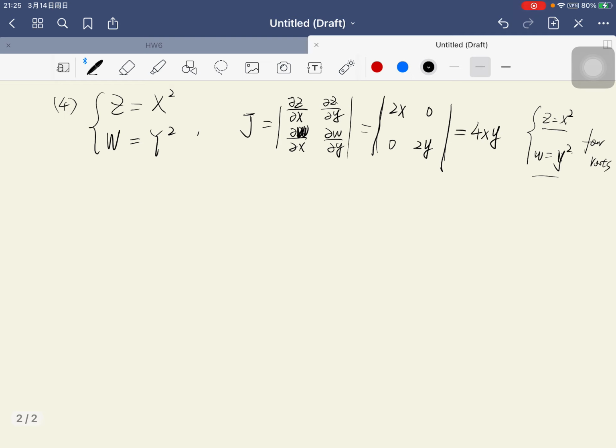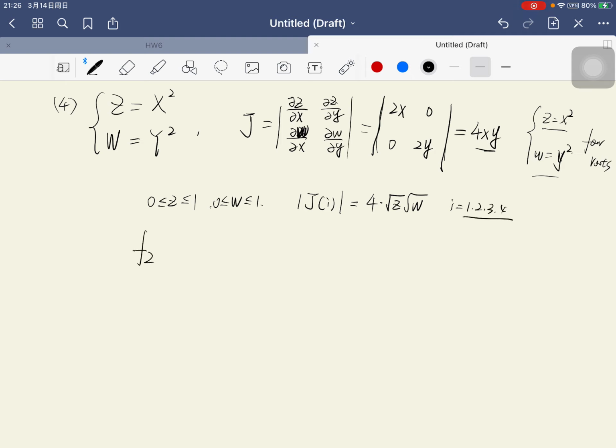So when z is from 0 to 1 and w is from 0 to 1, the absolute value of g_i is equal to 4 times the square root of z and the square root of w, and i equals 1, 2, 3, 4 roots.